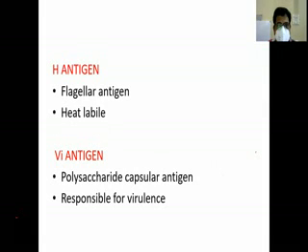Coming to the H antigen, it is the flagellar antigen, it is heat labile. And Vi antigen, this is most important, it is called the polysaccharide capsular antigen. This is the antigen more responsible for the virulence of the organism.